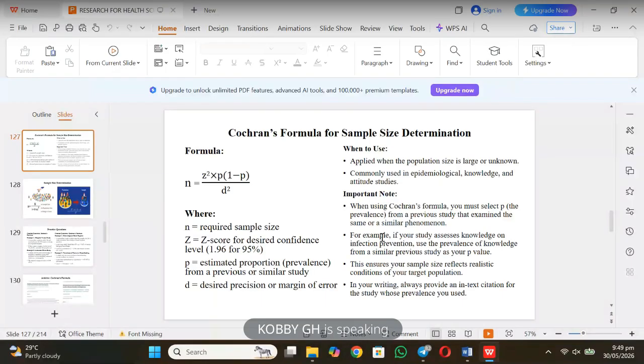N will be equal to what? So the sample size, the N will be equal to what?